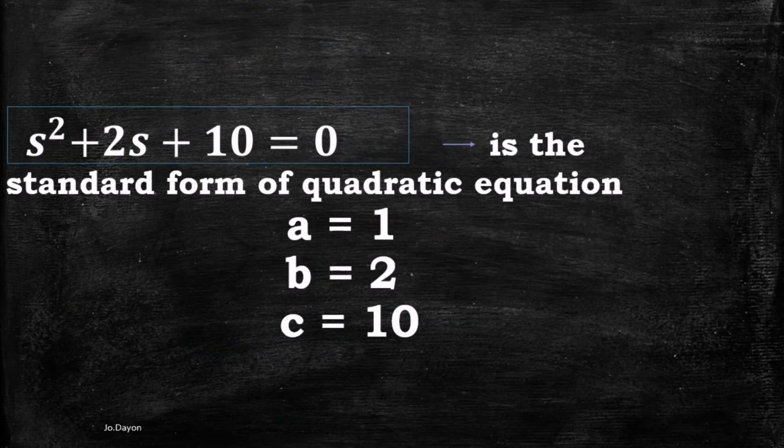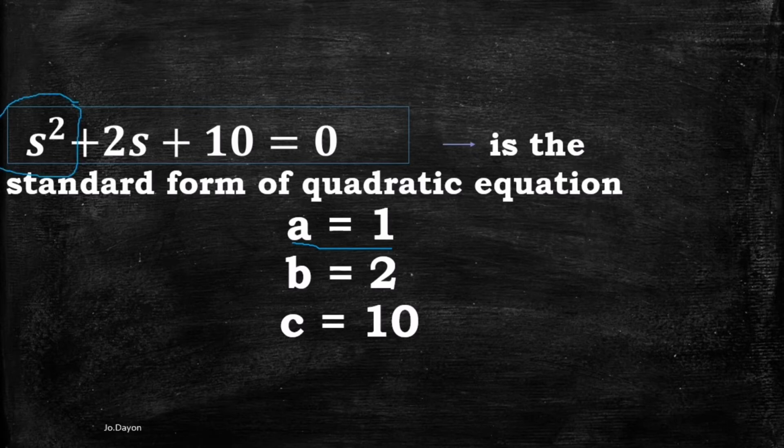Since the equation that we have is already in standard form, we can now easily determine the values of a, b, and c. The value of a is equal to 1. Where did we get 1? That is coming from the numerical coefficient of s squared.